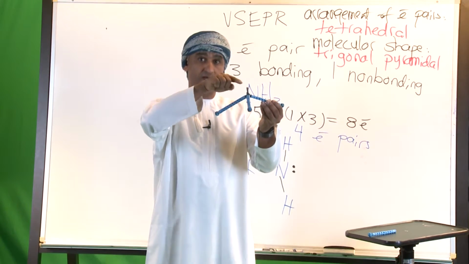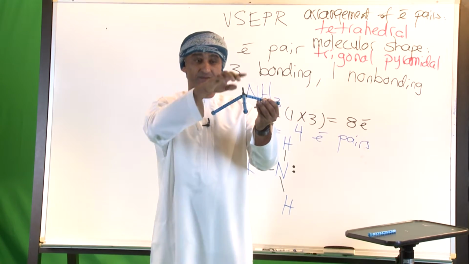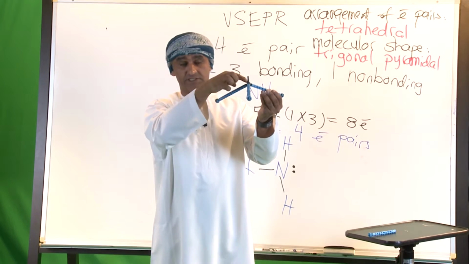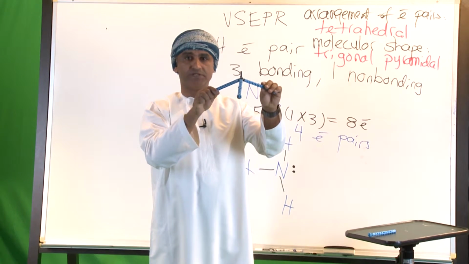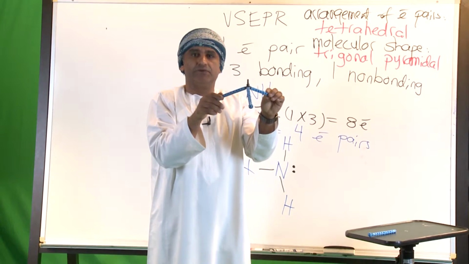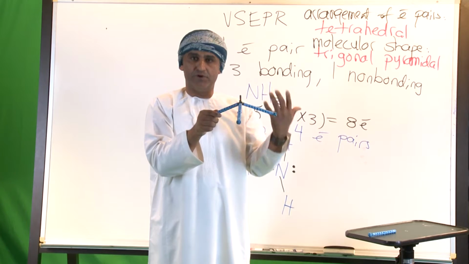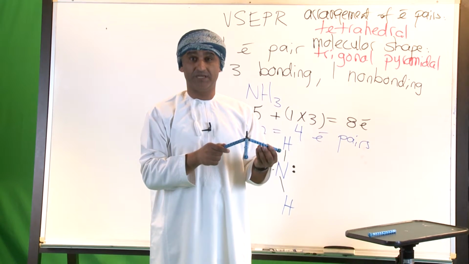Now, that lone pair around the central nitrogen atom occupies space, and because of that, each of these hydrogen bonds will try to squeeze a little. They will shrink a little, if you like. Therefore, the bond angle in the case of ammonia will actually be less than 109.5.